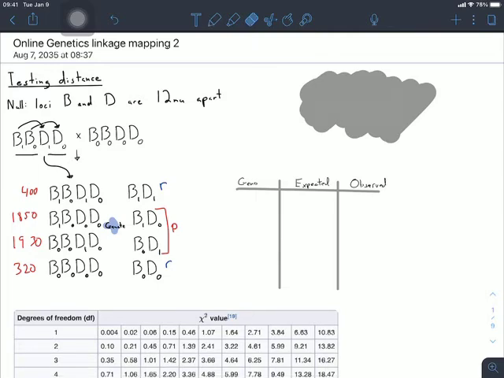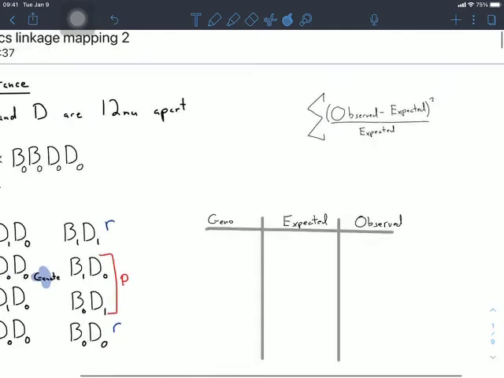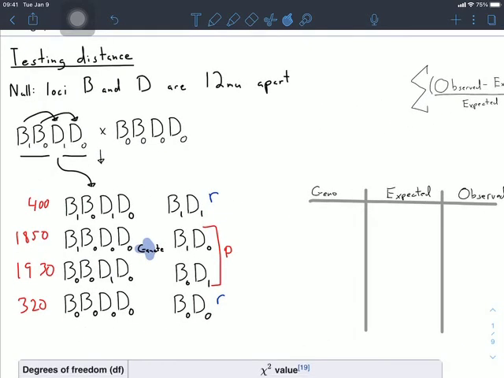So next up, we have to plug this into our chi-squared. Our chi-squared formula again: observed minus expected, squared, divided by the expected value. And we're going to sum across our different classes, our parental and our recombinant types.